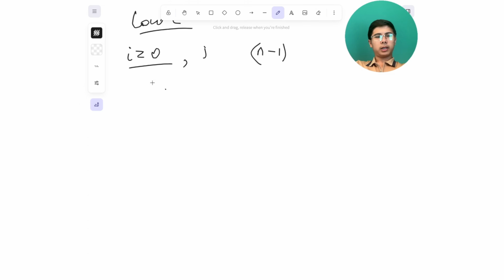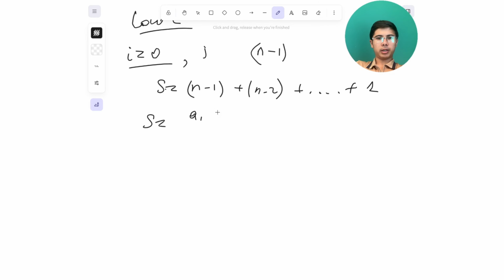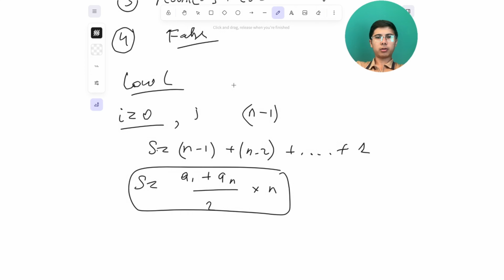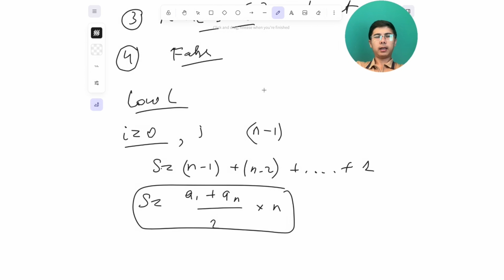This is also represented by a formula, an arithmetic progression: n minus 1, plus n minus 2, and so on, and the last one is equal to 1. The arithmetic progression formula in mathematics is a1 plus an, divided by 2, multiplied by n, the number of elements. In our case, the first item is 1, because the sequence starts with 1.